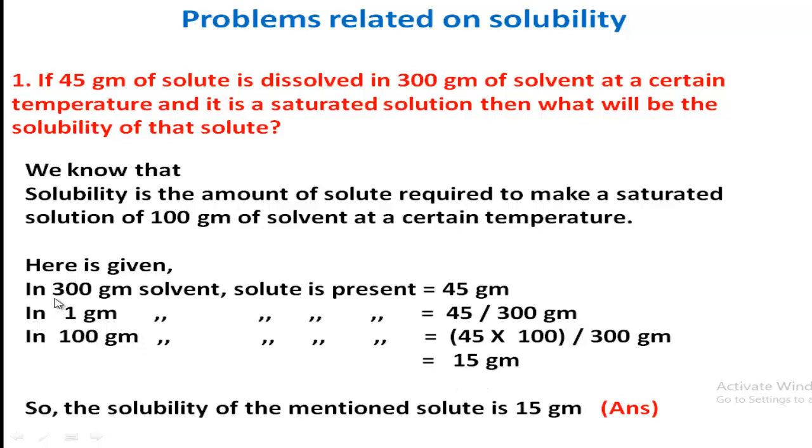So in 300 gram there is 45 gram, in 1 gram how many, and in 100 gram, through the calculation we get 15 gram solute. So this 15 gram is the solubility of the mentioned solute. This is not so difficult, just understand that solubility is always measured for 100 gram solvent. Now follow the next math.